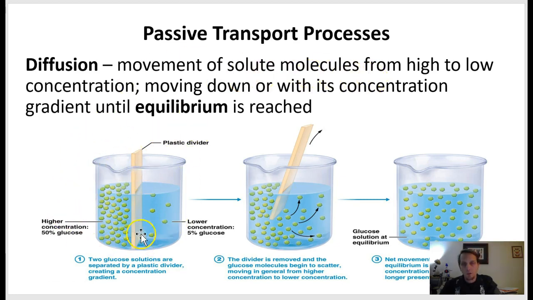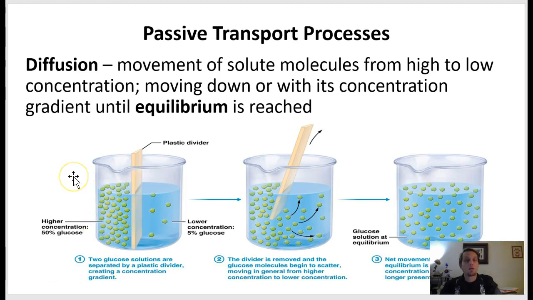So right here in this first picture, it's a very organized system. It's organized because it took effort. We put this plastic divider, and you have a high concentration of sugar here, and you have a low concentration of sugar here, which means you have a high concentration of water here and a low concentration of water here.